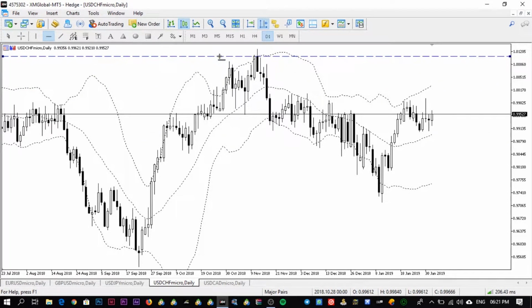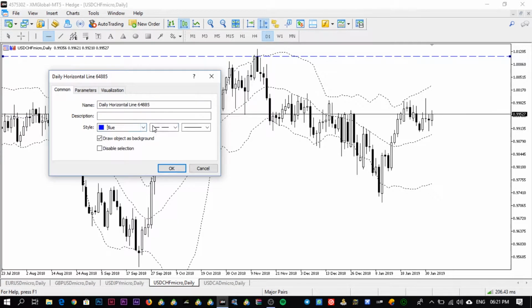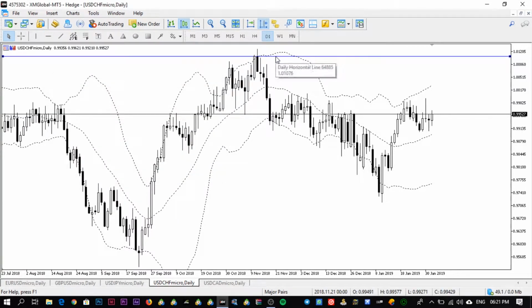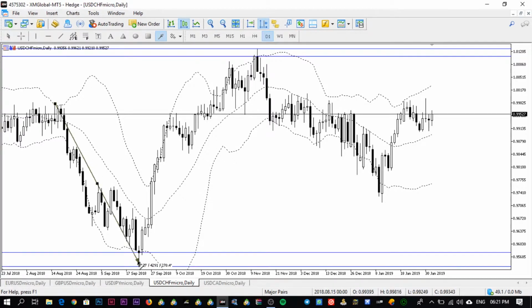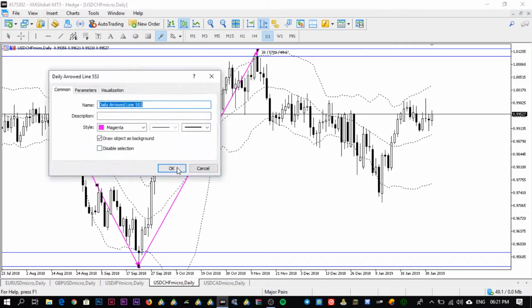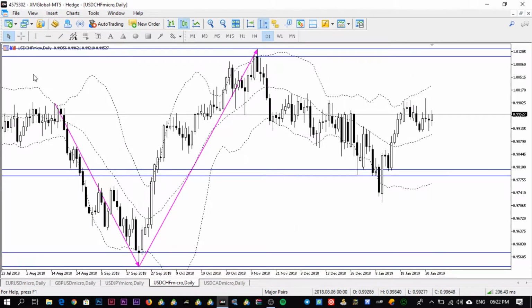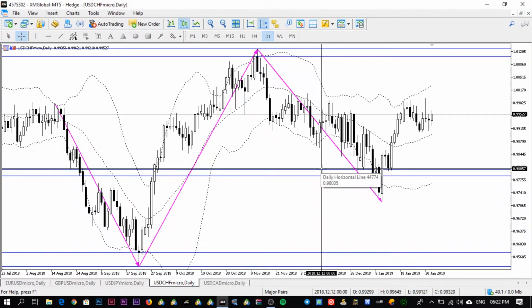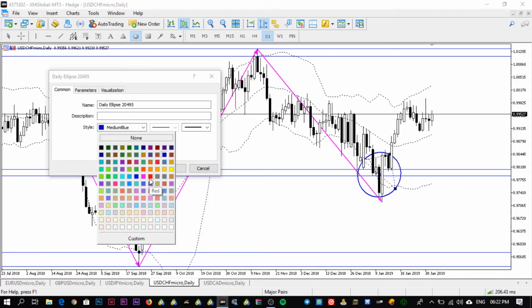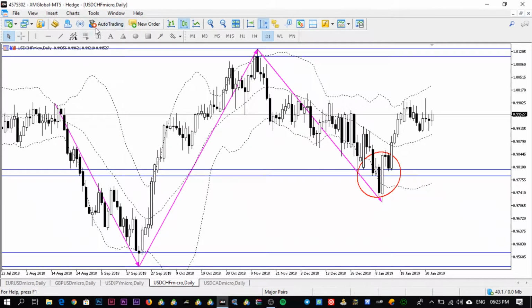Mark out your latest area of resistance, which is over there, and then mark out your latest area of support. Try and have a brief understanding of where price has been coming from. So it gave us our area of support, then it gave us our area of resistance.